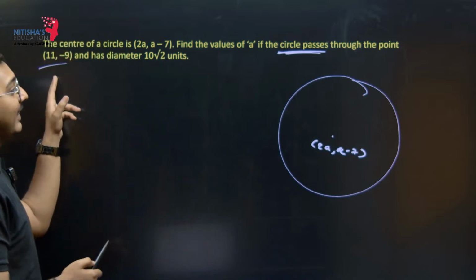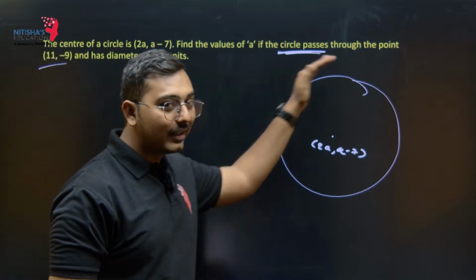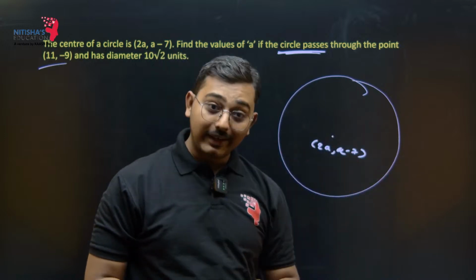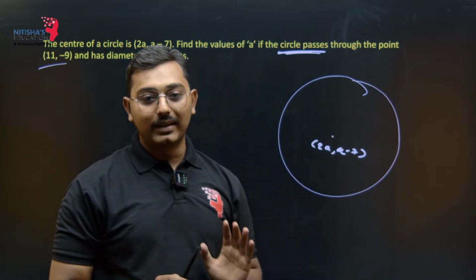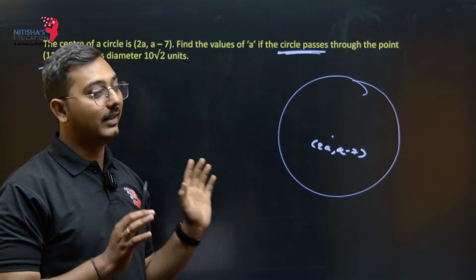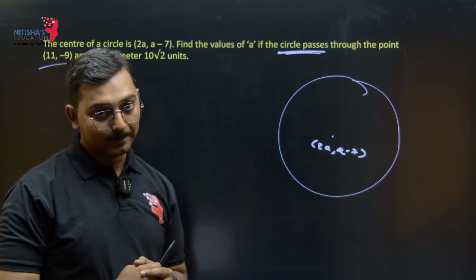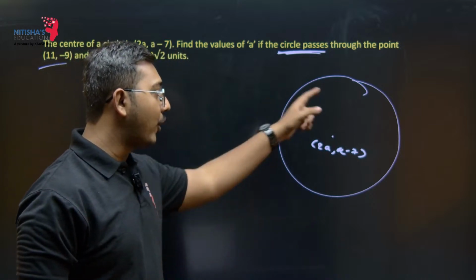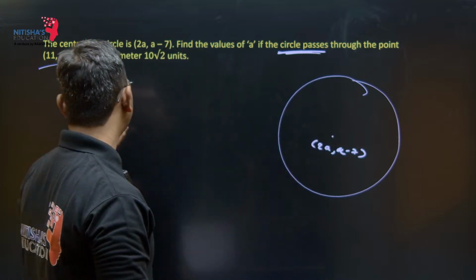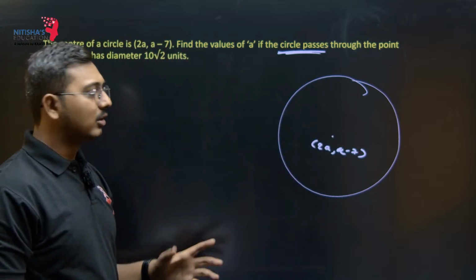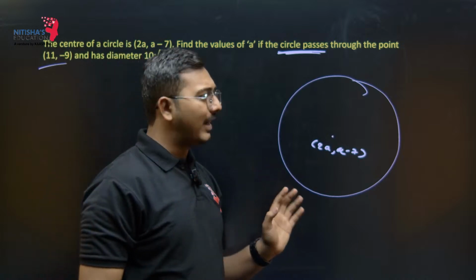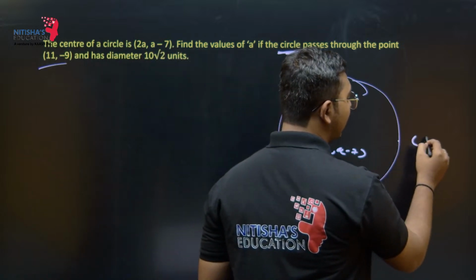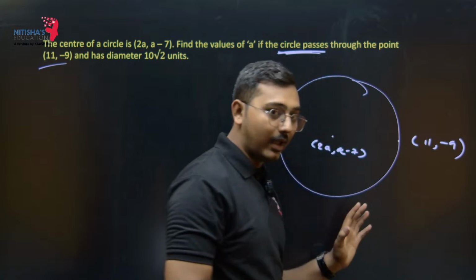It is saying that the circumference of the circle has a point which is 11, minus 9. We cannot determine which point it is, so let us take it randomly as 11, minus 9.